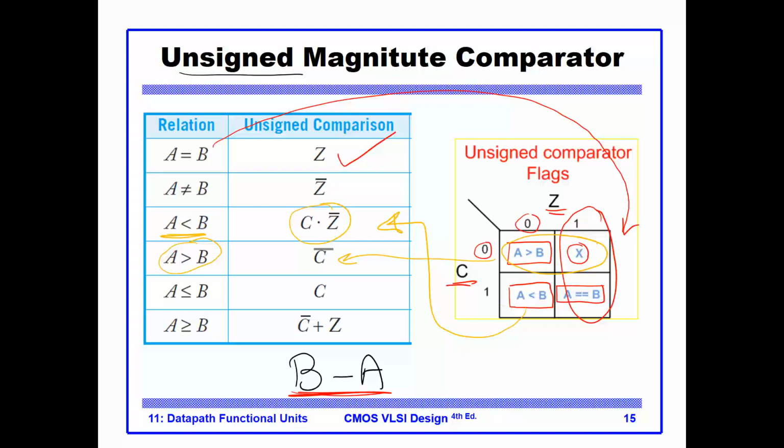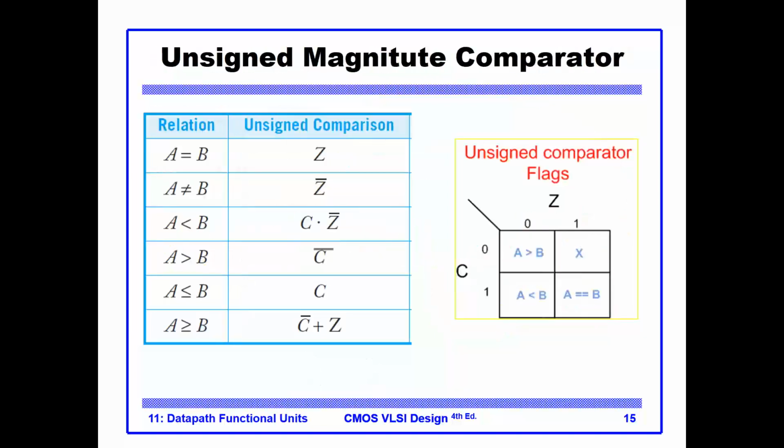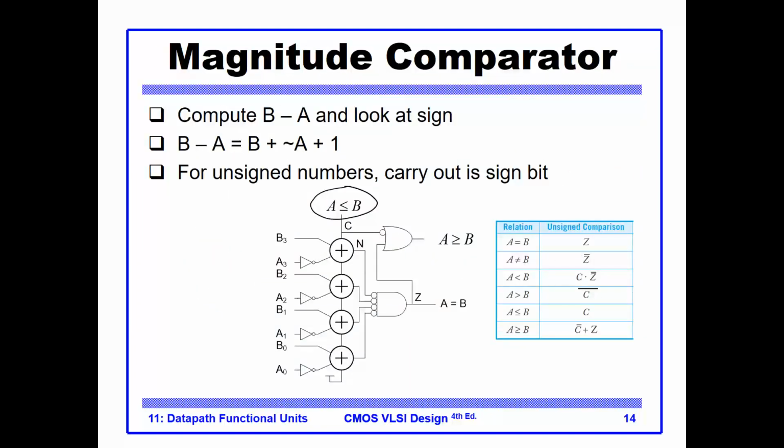We'll use this table and come to the circuit here and say, okay, let's try to do b minus a, and we implement b minus a as follows. This is a carry propagate adder right here. What I need to understand is how to implement the 2's complement of a.